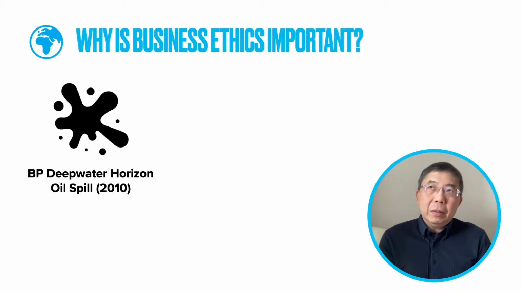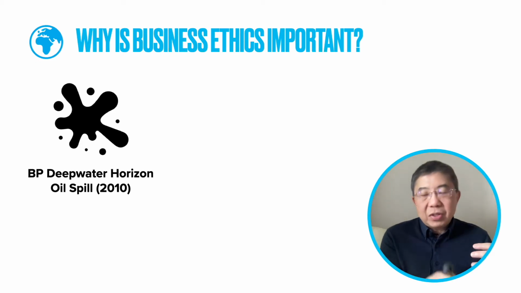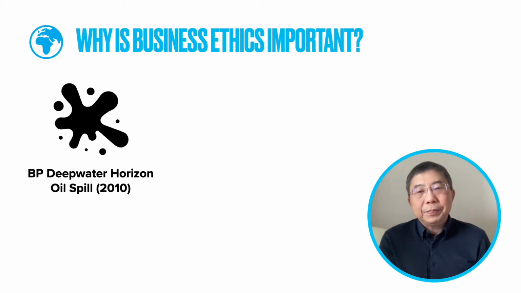The cause of this oil spill was argued to be bad business decisions that did not put the safety of the environment as a priority, but instead focused on saving costs, for example.